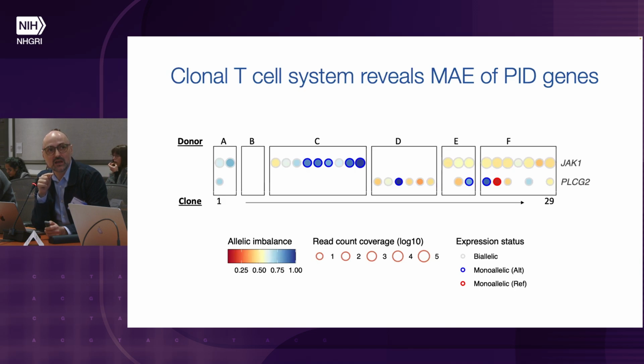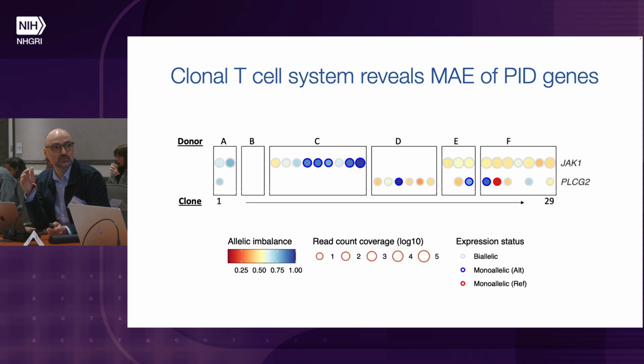If you go to donor F and PLC gamma 2, you can see how one clone is completely maternal, one is completely paternal, and the rest of the clones are biallelic. So this suggested to us that this transcriptional mosaicism, or the ability to somatically commit to the expression more so of one allele, is actually a common trait of human biology.